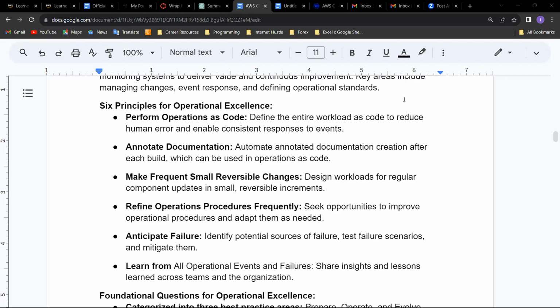And also always anticipate failure, right? So you are always looking for vulnerabilities. You are looking for sources of failure, and then test those scenarios and deal with them before they even happen. In cybersecurity, we call it having an attacker mindset. Always think like the person who is coming to attack you.